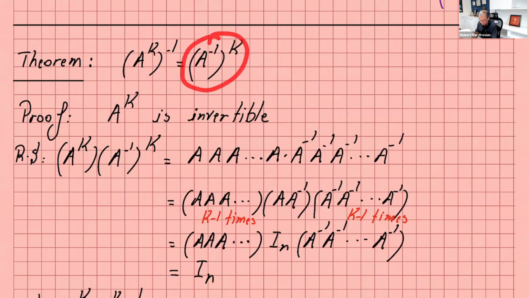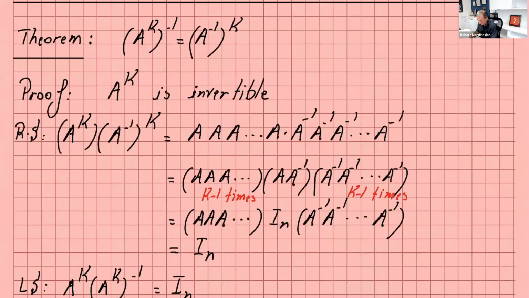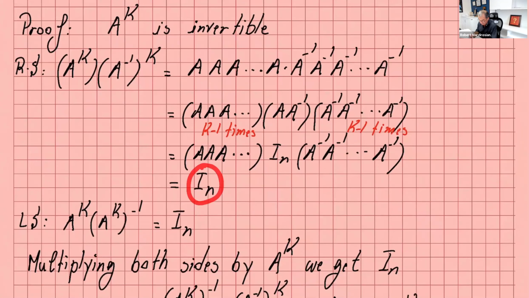First of all, let's see how we can write the right side. Aᵏ is A times A, k times, and (A⁻¹)ᵏ is A⁻¹ times A⁻¹ times A⁻¹. Then we can just take one by one. If we do that, then we get Iₙ. So what's left, we have k minus 1 times and k minus 1 times. And if you keep doing this, you're going to finally end up with Iₙ.